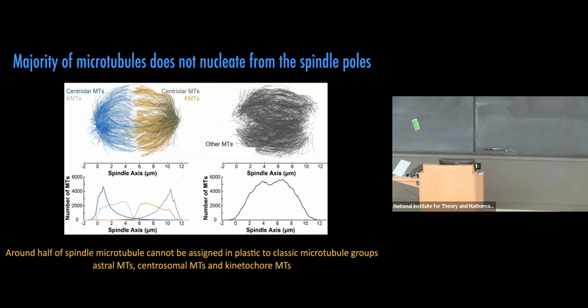And you can see that there's actually a lot of them, right? About half of the microtubules you can see in these spindles are not assigned to the classic groups, such as astral microtubules, centrosomal microtubules or kinetochore microtubules. They're just others. And so we were really interested in what those other microtubules are, right?